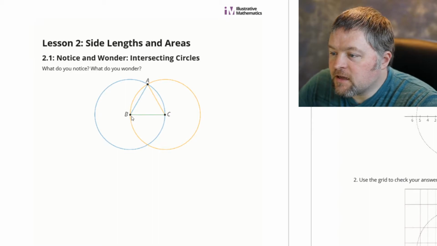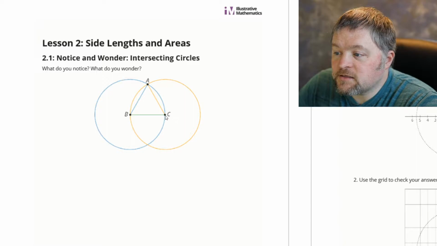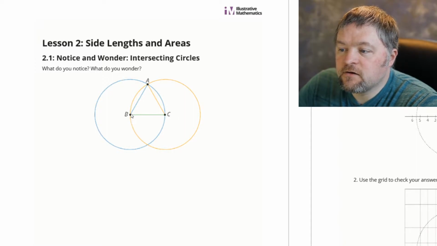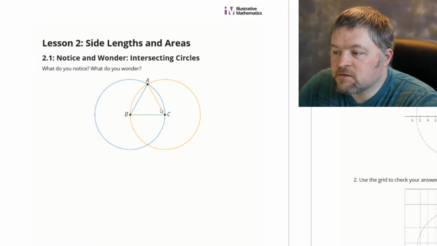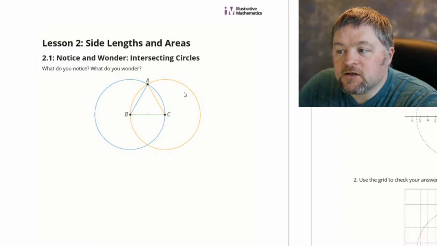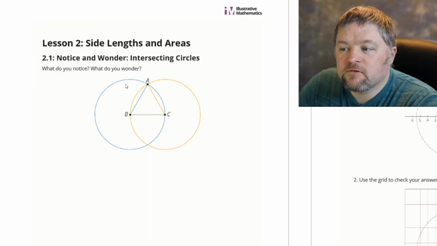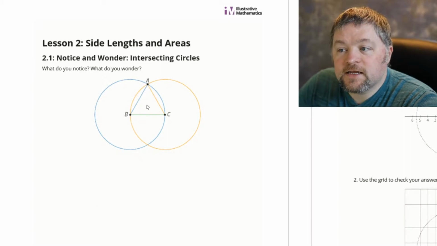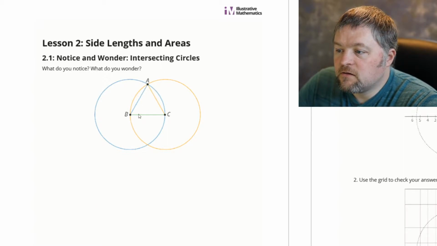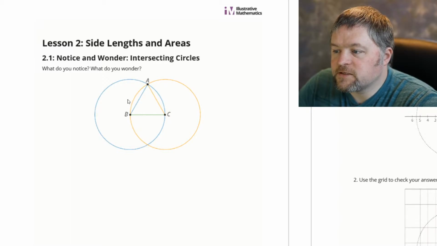However, the length BC seems to also be the radius, the distance from the center to the edge of both of the circles. And from A to C is also the radius of this circle, and A to B is also the radius of this circle, which means these lines that are the radius of a circle are also part of this triangle.